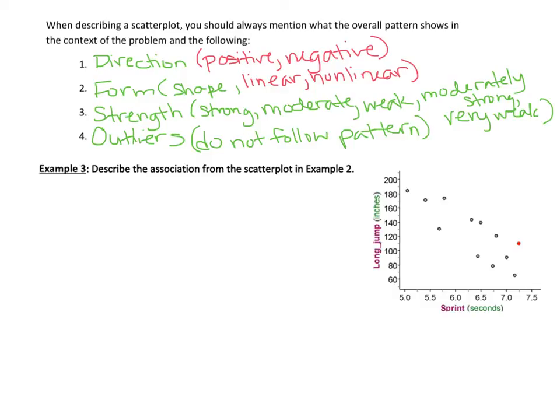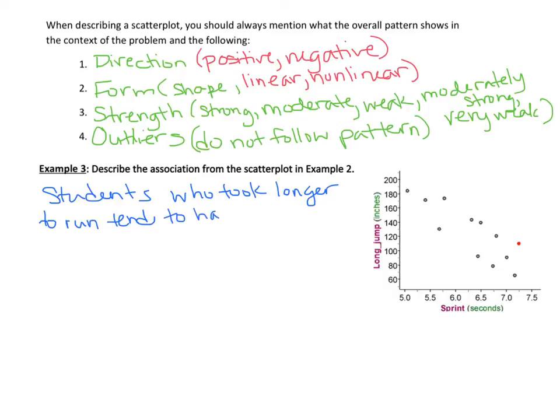So one thing that I would say for this one would be something like students who took longer to run tend to have shorter long jump distances. So it's always a good idea to start with that or put something like that in there somewhere.